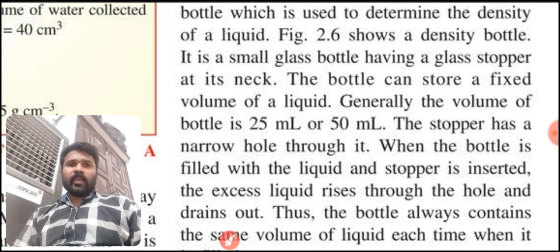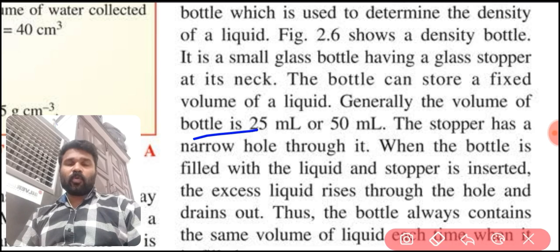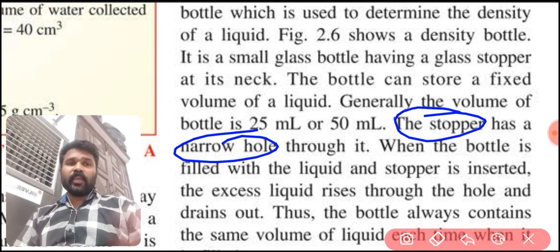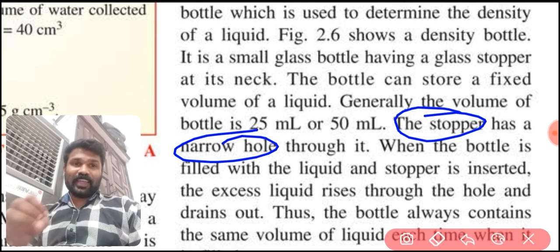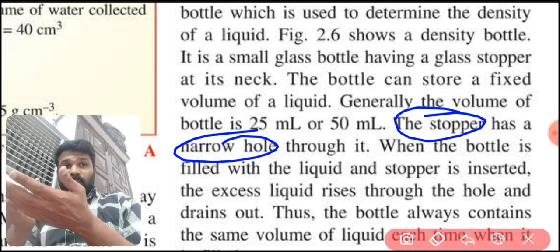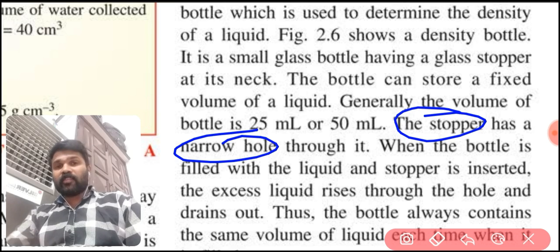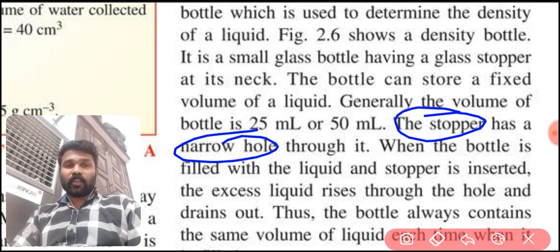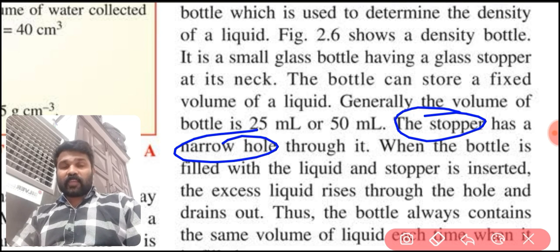The stopper has a narrow hole through it. When the bottle is filled with the liquid and the stopper is inserted, the excess liquid rises through the hole and drains out.